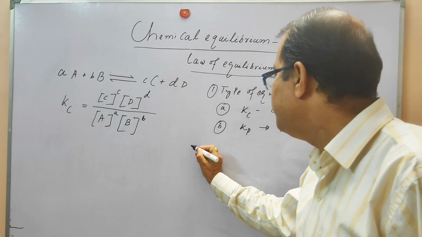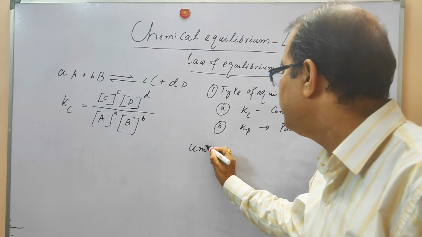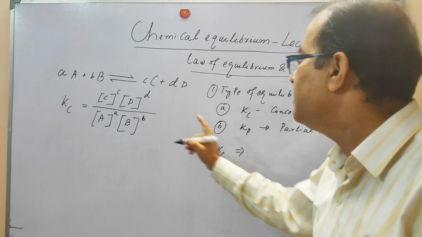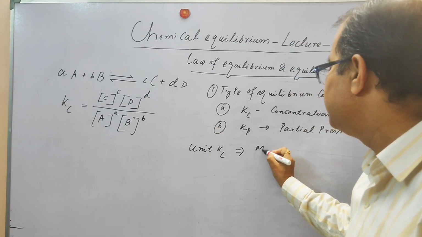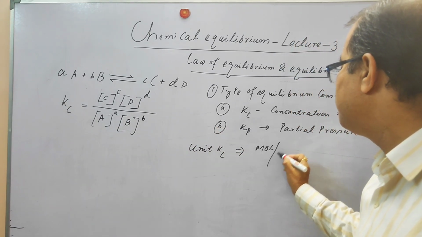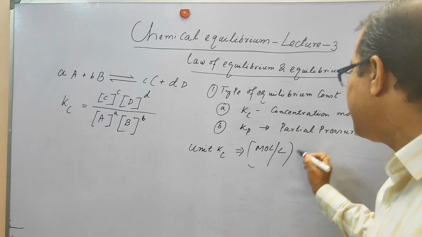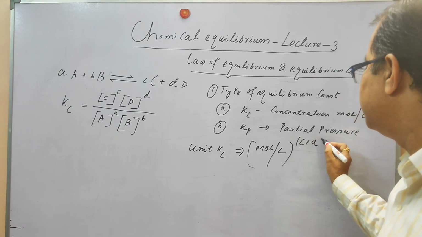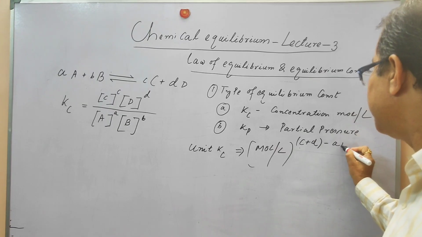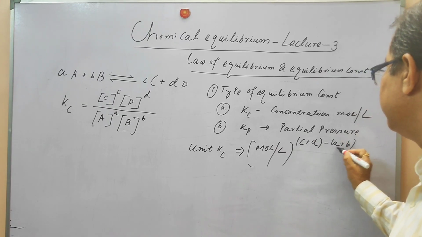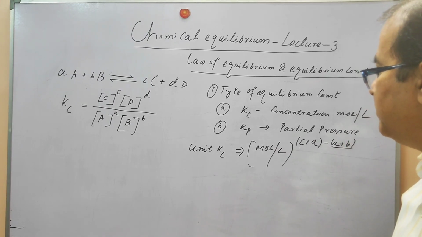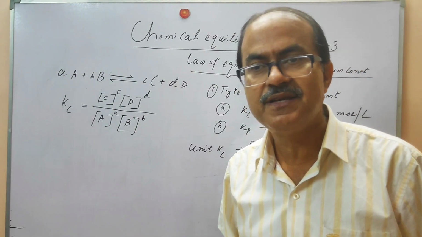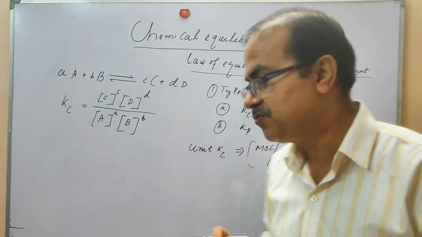And now, what will be the unit of Kc? You can see we are expressing the concentration as mole per liter, and the exponent is C plus D minus A plus B. So the unit of Kc depends on the reaction itself and the stoichiometry of the balanced equation.